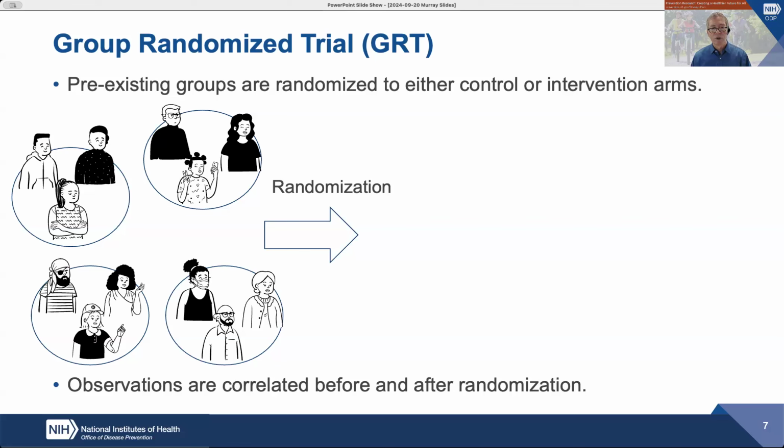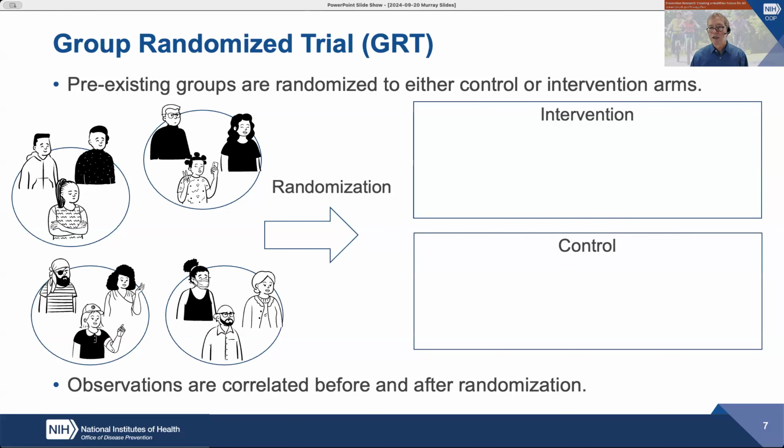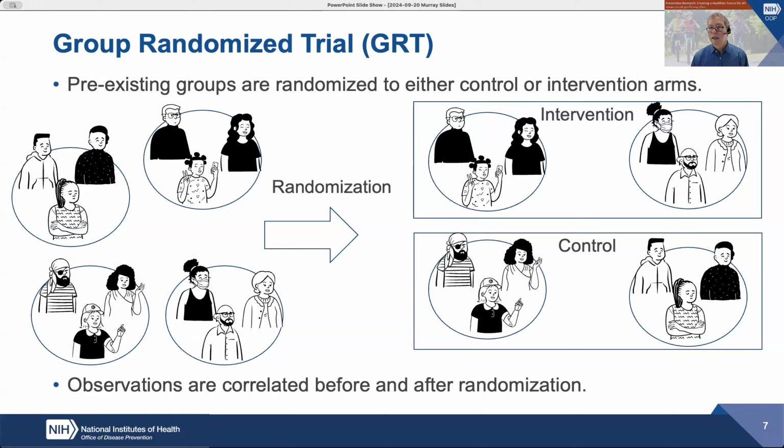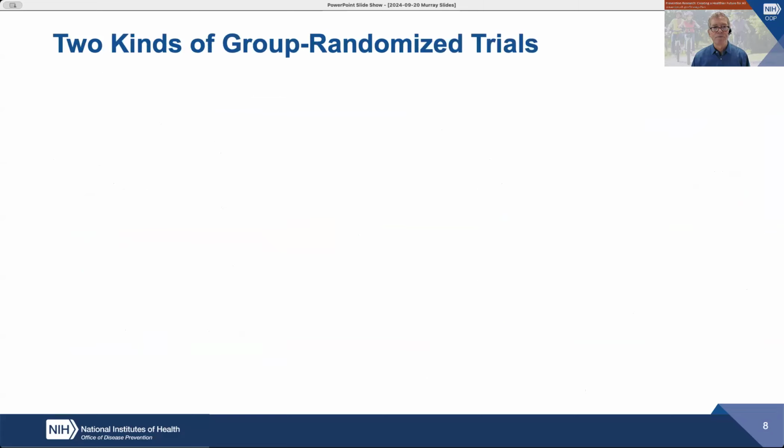So we have the groups, we have a randomization process, those groups land in the intervention and control arms. And our expectation is that the observations from participants in the same group are correlated before randomization, during the study, and after randomization. Correlated observations is the expectation in a group or cluster randomized trial.